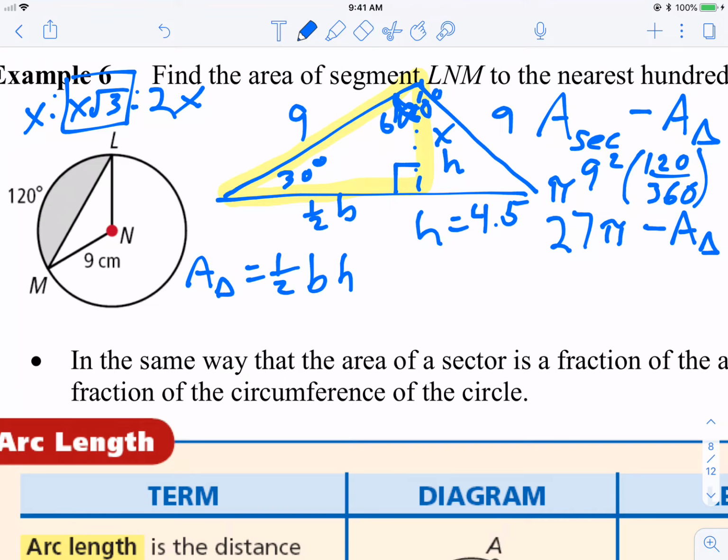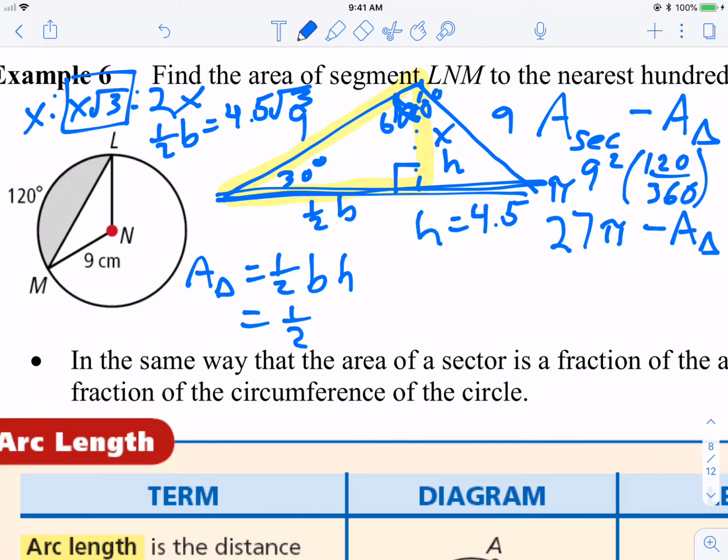So we could say that half of our base length is equal to 4.5 root 3. And when we double that to get the full base length, because that's what we really care about in this triangle, doubling the 4.5 takes us back to 9. So our base is going to be 9 root 3.